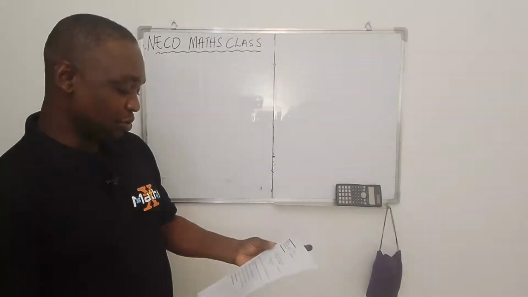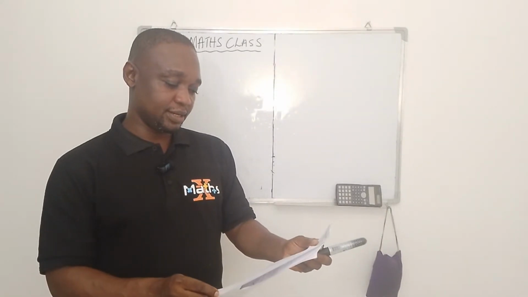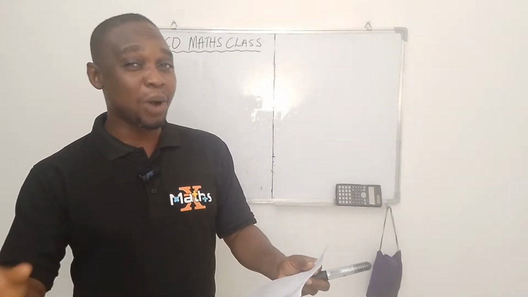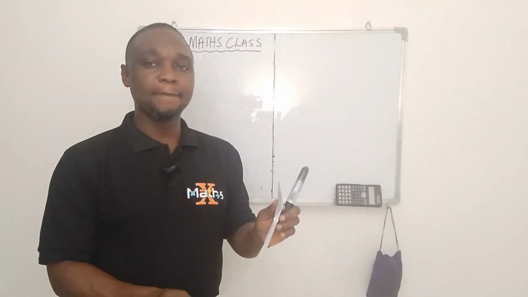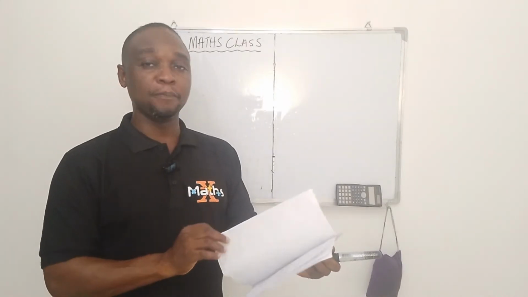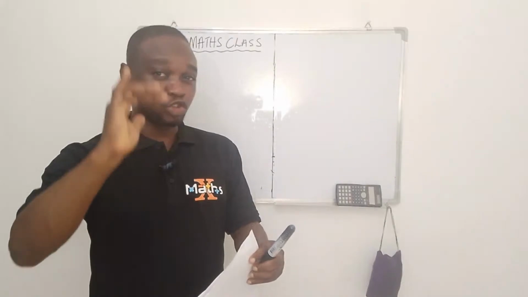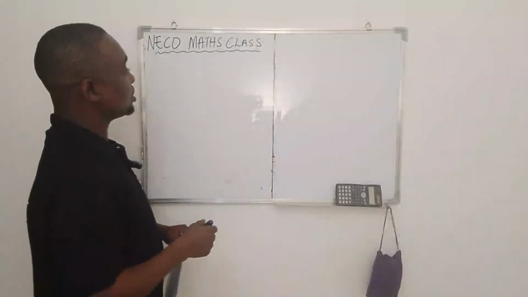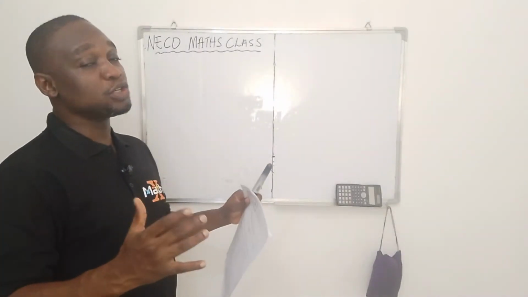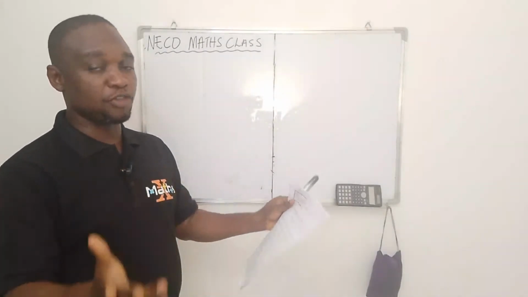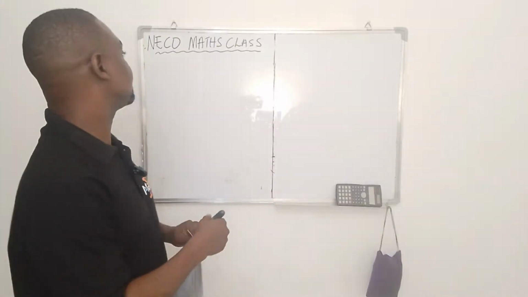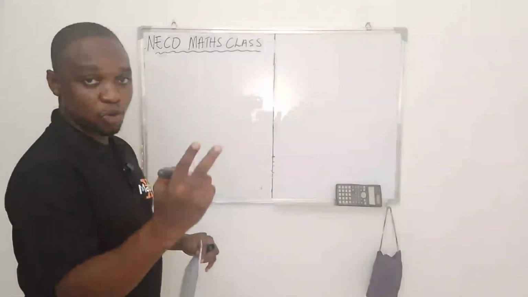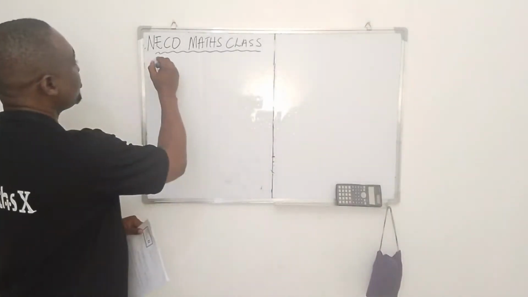My dear students and viewers, a typical NECO and even WAEC examination paper 2 is structured the same way. Altogether it's 100 marks. It has two parts, part 1 and part 2.